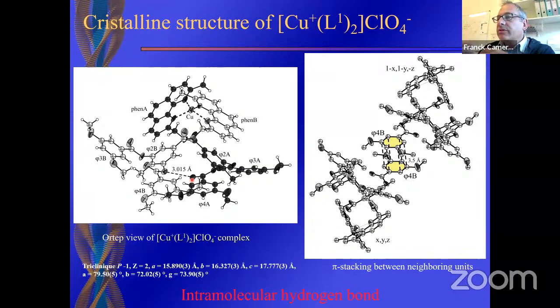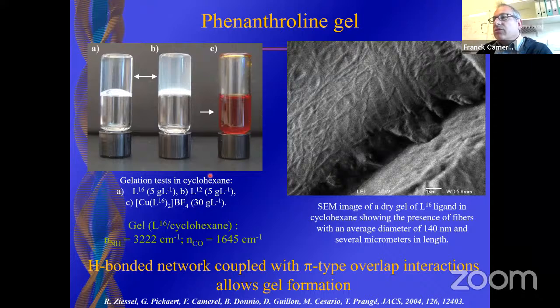This prevents the one-dimensional stacking and its stabilization through hydrogen bonding. And this has strong consequences, because you can form gels with the free ligands, but as soon as you put the metal, you cannot form the gels because you have less free available hydrogen bonding motifs.